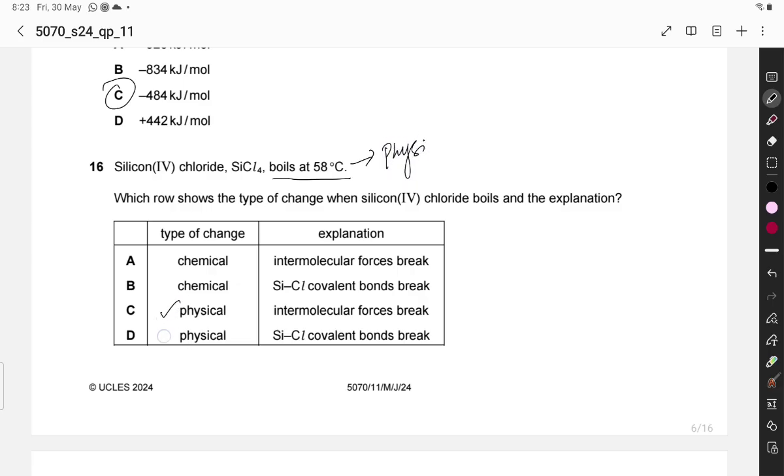The explanation is that intermolecular forces break. Silicon 4 chloride is a simple molecule. Simple molecules have weaker intermolecular forces which are going to break. So that's why this is a physical change and intermolecular forces break. So C option is correct.